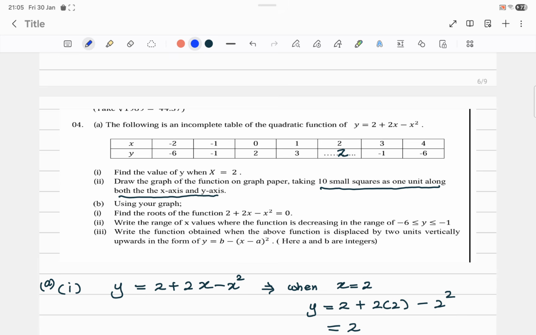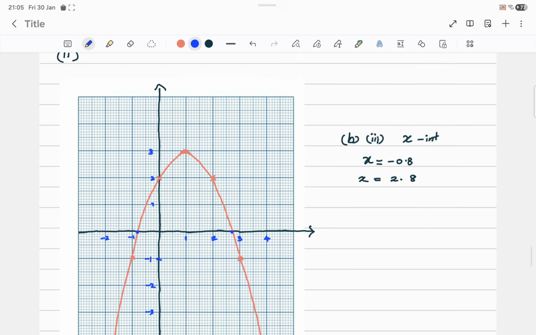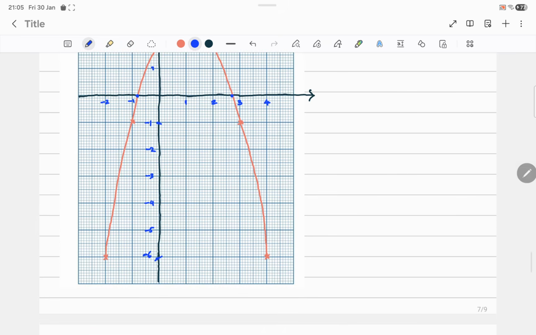Write the range of x values where the function is decreasing in the range minus 6 to minus 1. So which part is that in the graph? Minus 6 to minus 1. So there's two parts, no? These two. Right.